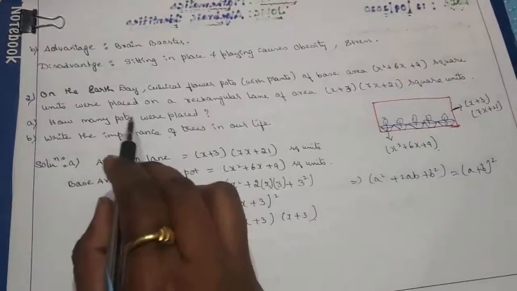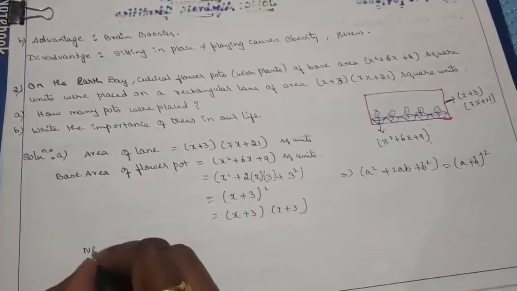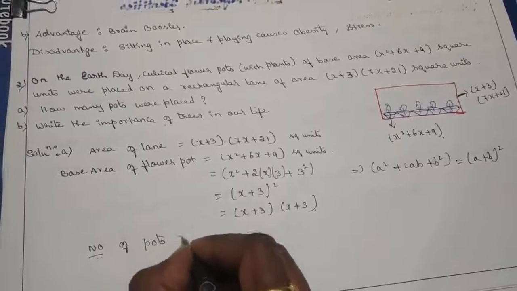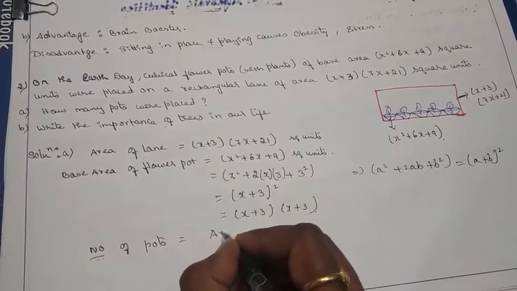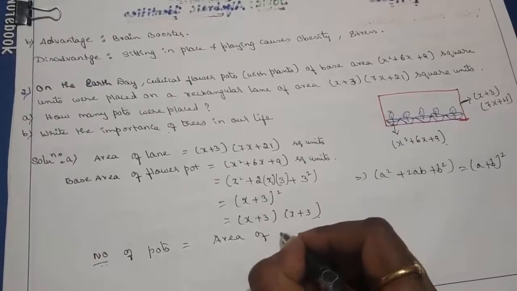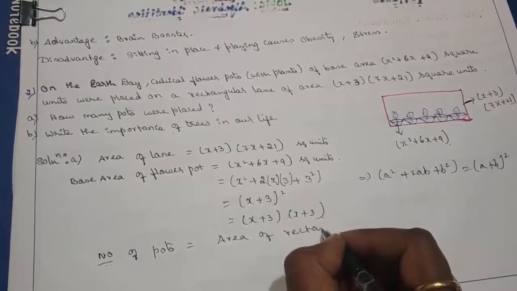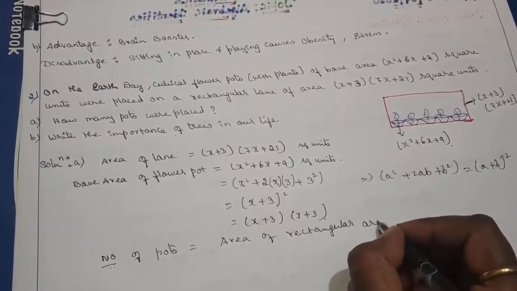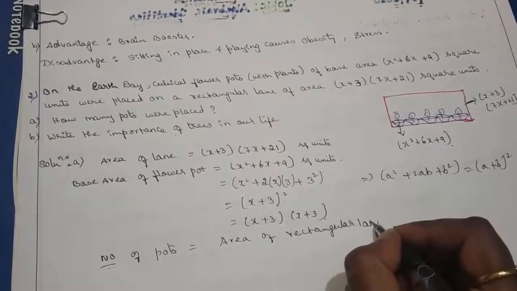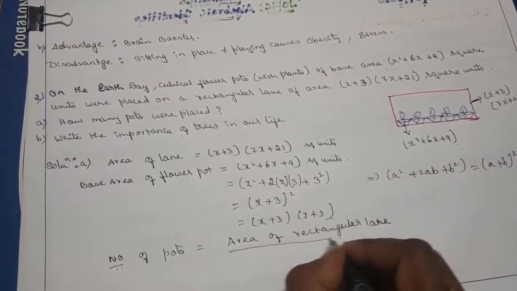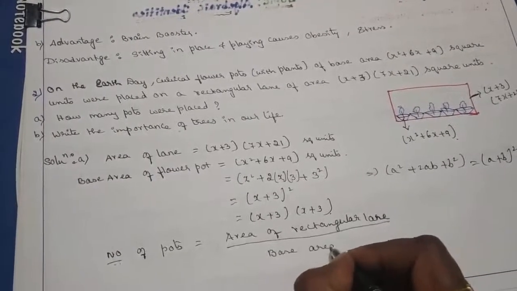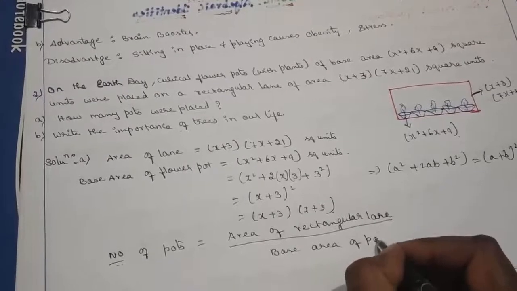Now he is asking the number of pots. Number of pots equal to area of rectangular lane divided by base area of pot.